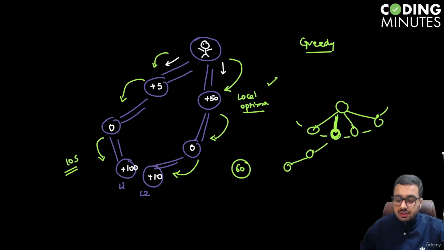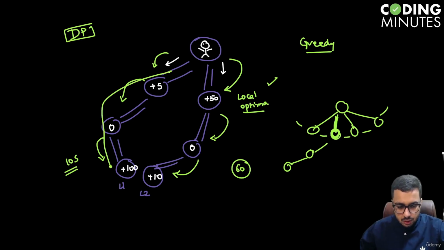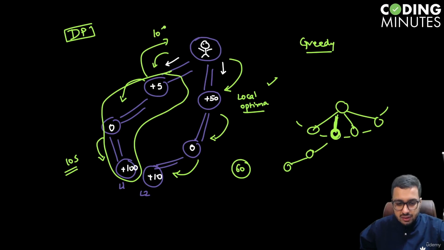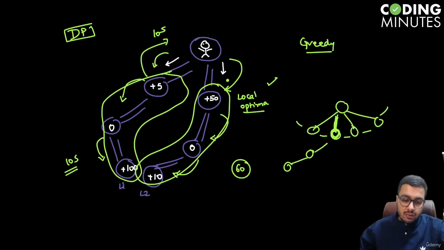The immediate choice. Whereas if you use something like a DP based technique, you will explore the entire paths, and you will say this path gives you a reward of 105, and this path gives you a reward of 60. Then you decide. So in DP, you will spend more time, but you always get the optimal answer.